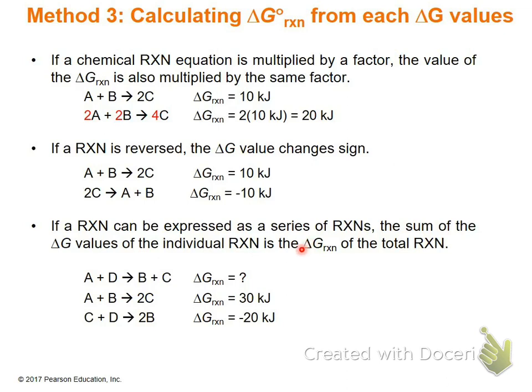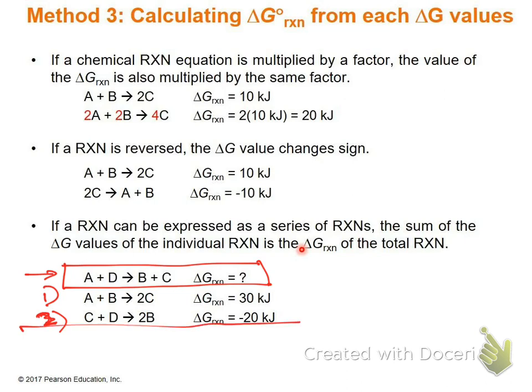Right, so for example, if we're trying to determine the delta G of reaction for this specific reaction, can we get this reaction from reactions 1 and 2? Right, and if we can, then we can just add up the delta G values to get the delta G of the reaction, right? So in this case, since these compounds right here are on the opposite side of the arrow, this will be subtracted from the 2C here, right?